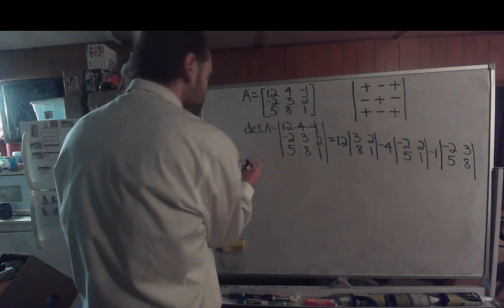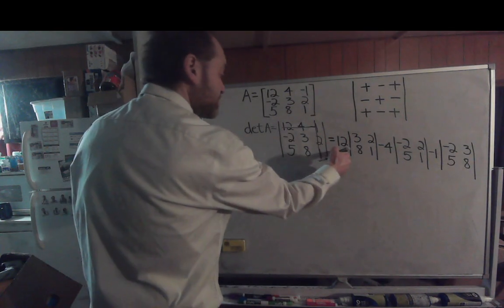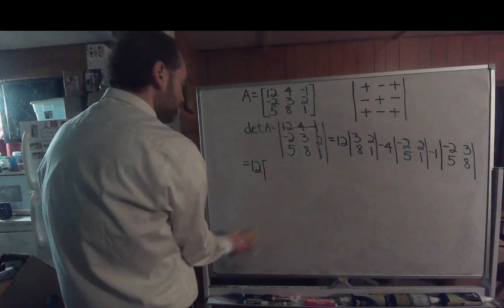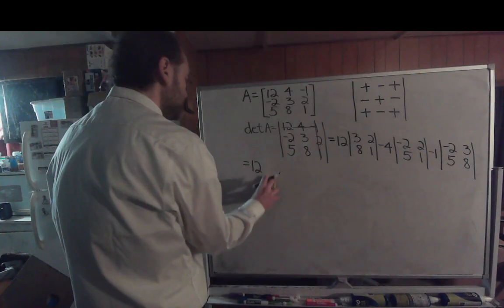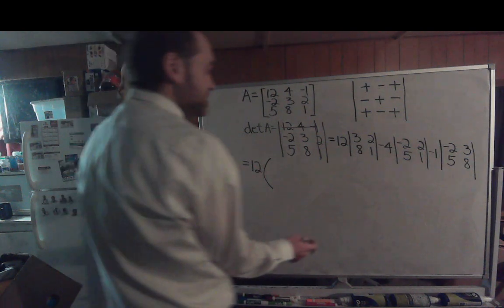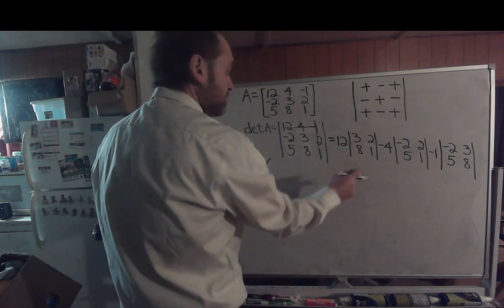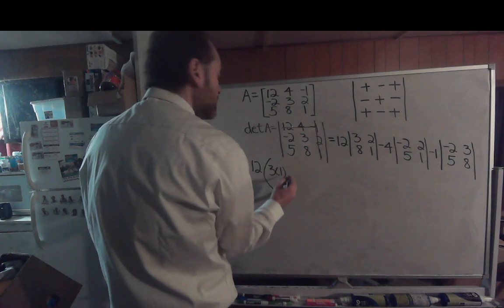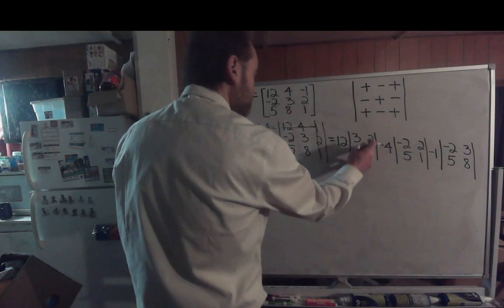So let's go ahead and deal with this. We'll take 12 times the first determinant. I probably better stay away from brackets here, let's do some large parentheses. So 12 times the first determinant, 3 times 1, minus 2 times 8.